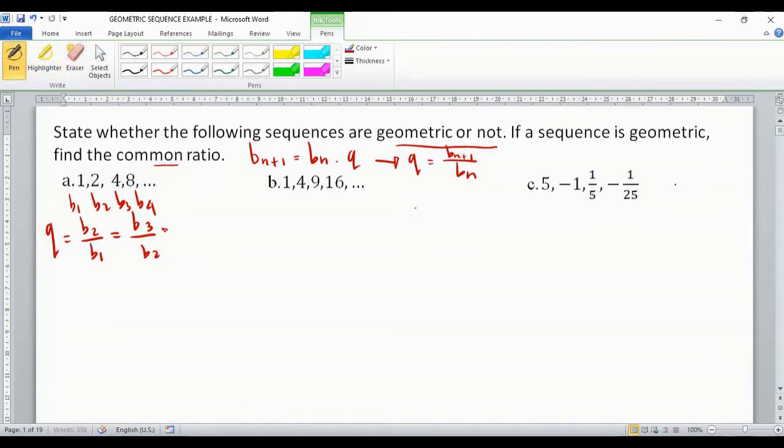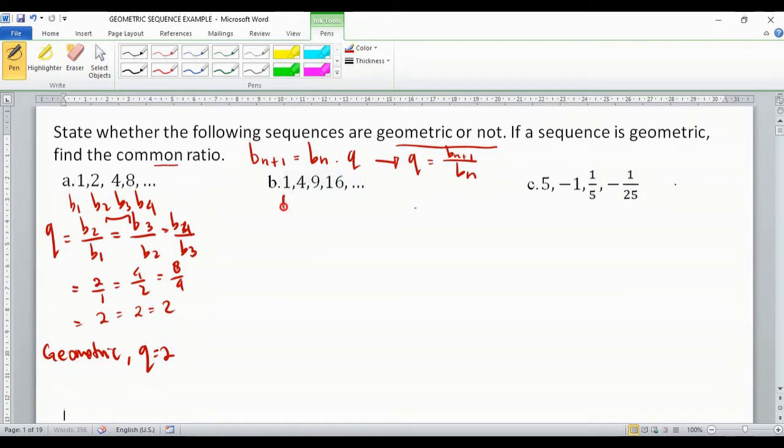If you want to add B4 over B3, it's okay, but just the two of them is enough, everyone. So from here, B2 over B1 is 2 over 1, B3 over B2 is 4 over 2, and B4 over B3 is 8 over 4. So all the values are the same, right? So we can call this one geometric, and k is 2.